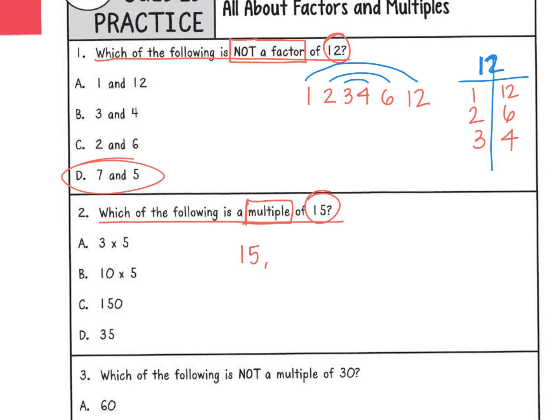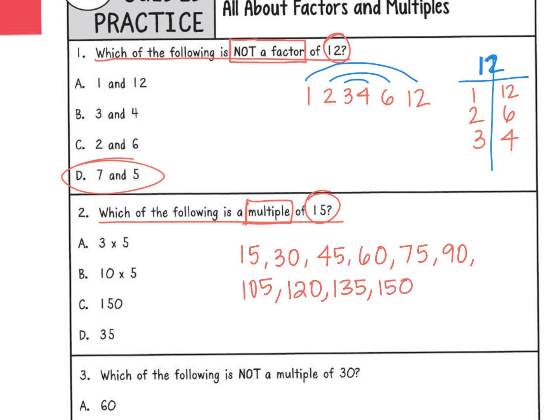skip count by 15s, right? Yeah. 30, 45, 60, 75, 90. What would be next? 105. 105, then 120. Oh yeah, 120. Then 135, 150.